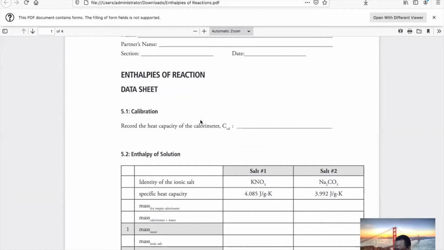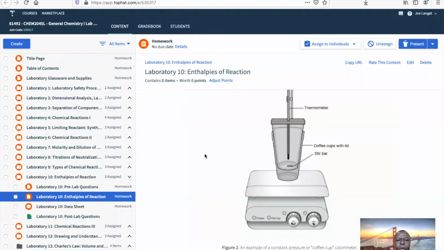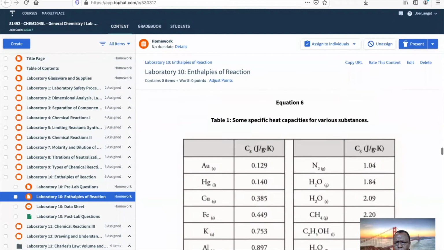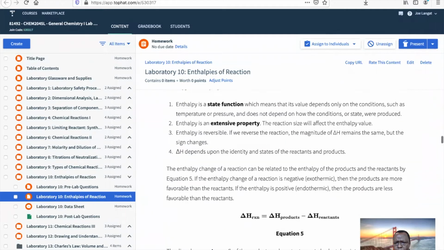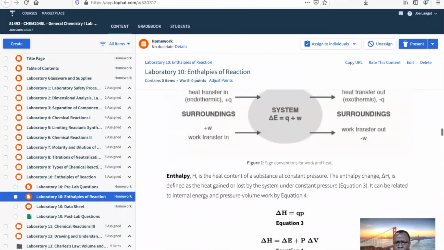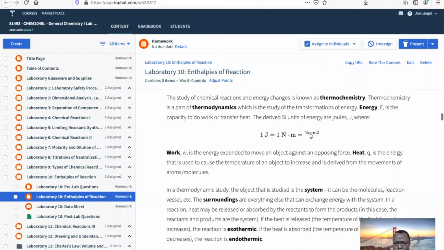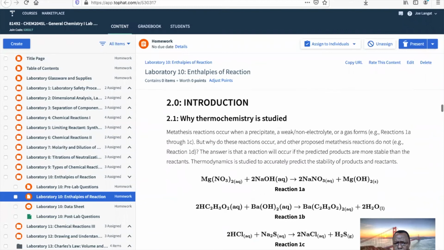Section 5.1, you don't need to do anything for that. And we will use that. It's on page 191. Somebody saying, where did I get that? I was looking for the heat capacity, page 191. Let me see, where am I getting that value? I can see the page is on Top Hat. I want to show you where I get that value.